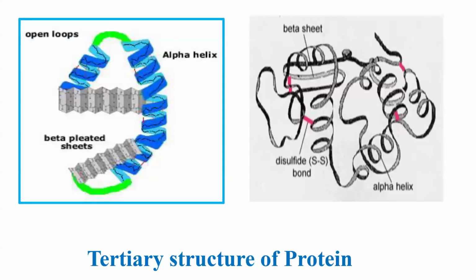These are the examples here. We have beta-pleated sheets, then we have alpha helix. So look at the structure. In the case of alpha, it looks like a spiral. For the beta-pleated sheet, it looks like a mat.